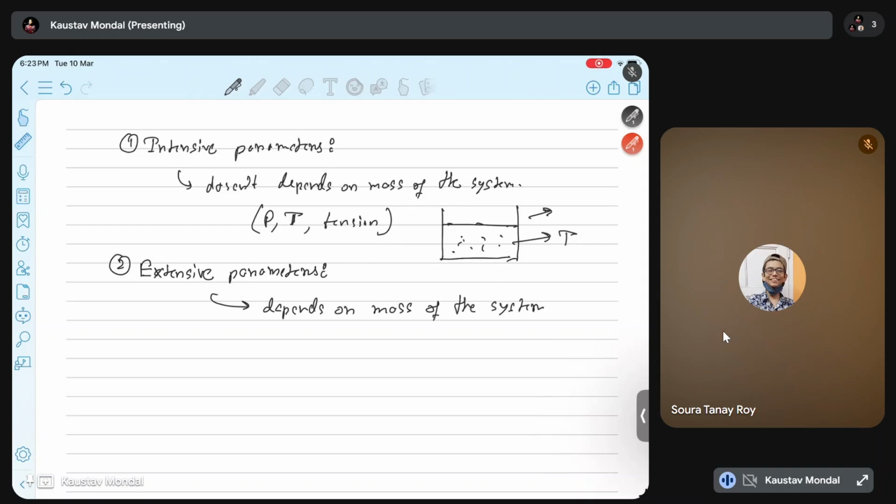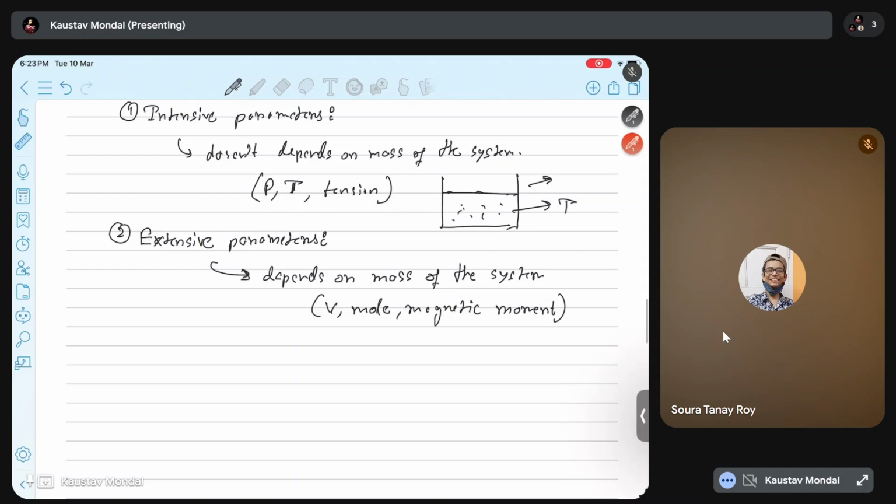This includes volume, mole, and magnetic moment for paramagnetic materials, or a system that has magnetic poles associated with the atoms, where you can consider magnetic moment as an extensive parameter.